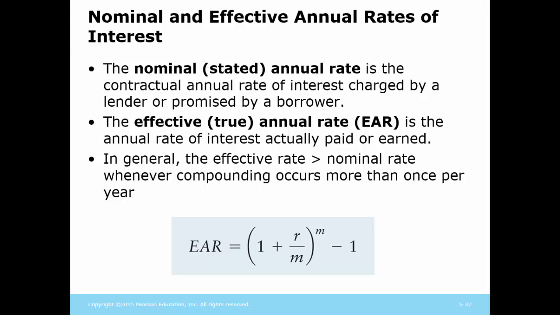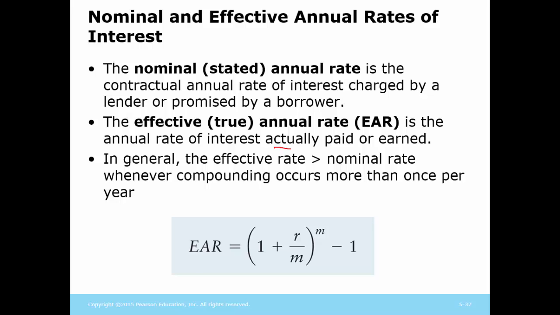Well, there are two interest rates, essentially. There's the nominal, or the stated annual rate. That's the interest rate that everybody talks about. You go to the bank, how much are you going to pay? Well, we want you to pay 6% per year to borrow the money to buy that car. 6% is the annual rate. But what we want to talk about is the actual effective rate, the true rate.